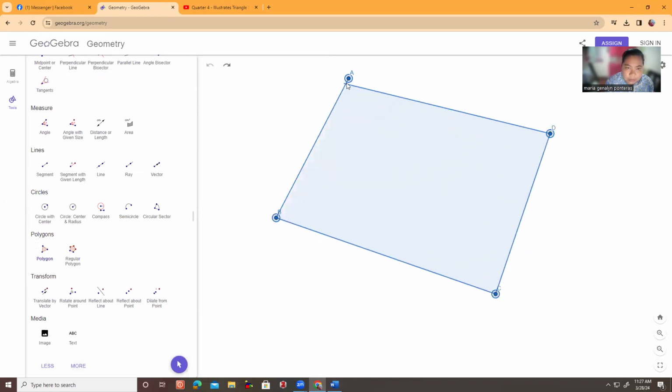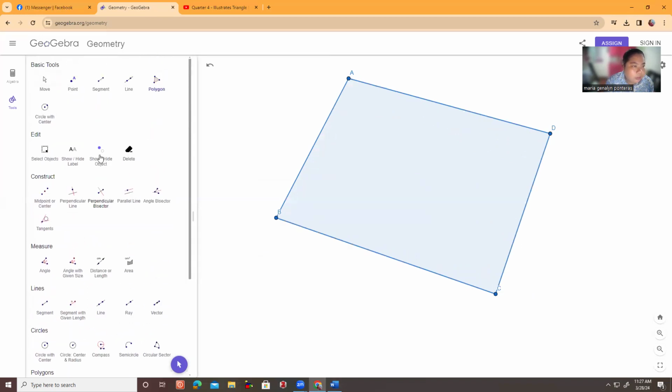Okay, class, supposedly this is the plane ABCD, and we want two coplanar points, and these two coplanar points will form a line. So let's have a segment for a moment. So we have here EF.